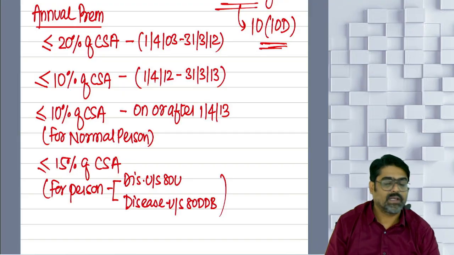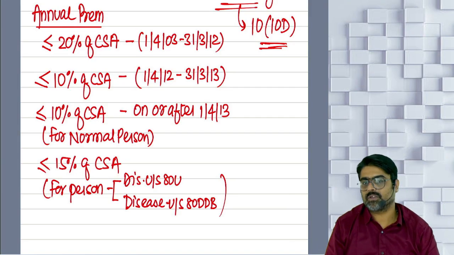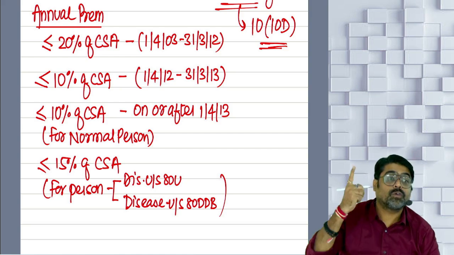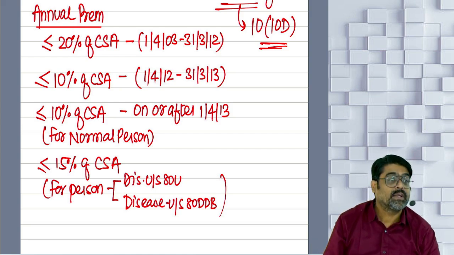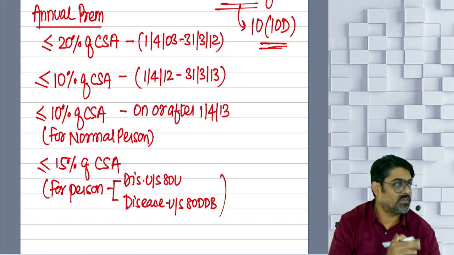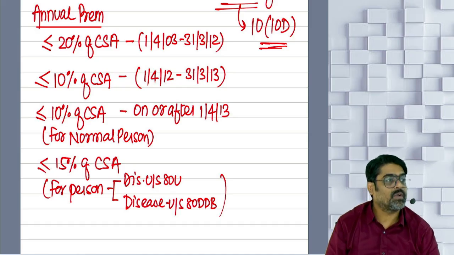Understanding? Yes or no? What if the policy was taken in 15-16 and that policy is getting matured in 25-26? So this year a policy is matured. How much amount are you getting from that policy? Example, you are getting 13 lakh rupees from the policy.